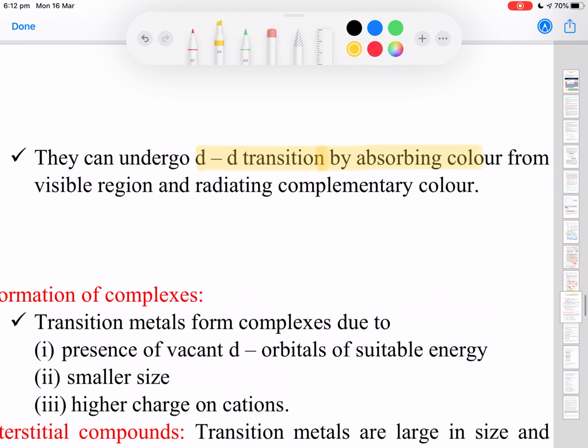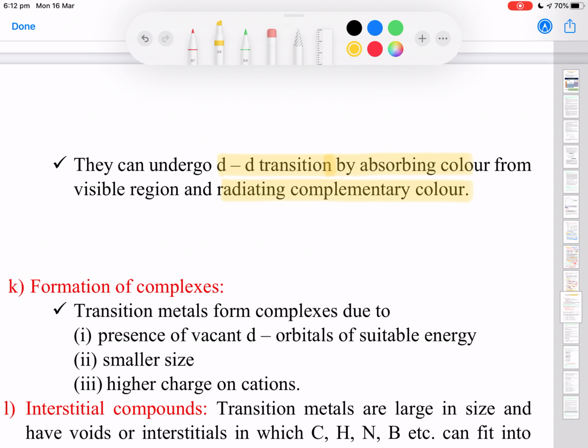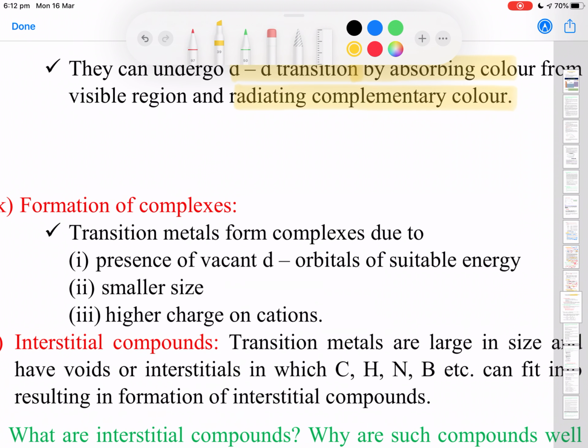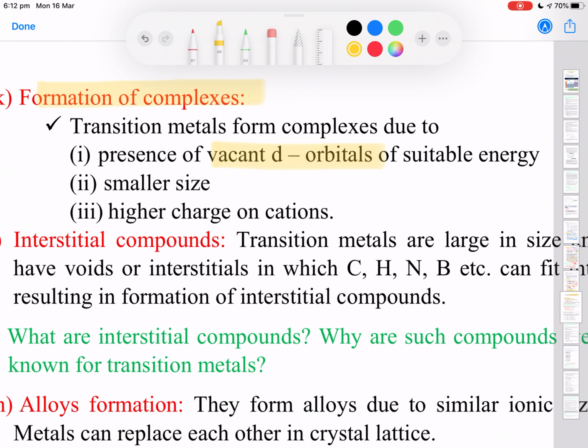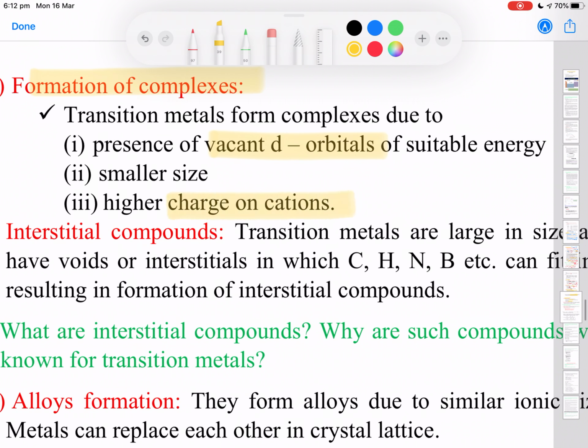Therefore when they come back to their ground state, they radiate a color, and that color will be complementary to the wavelength they have absorbed to get excited. And again, the formation of complexes is due to the same reason, presence of d orbital and higher charge on cations, that is variable oxidation state.